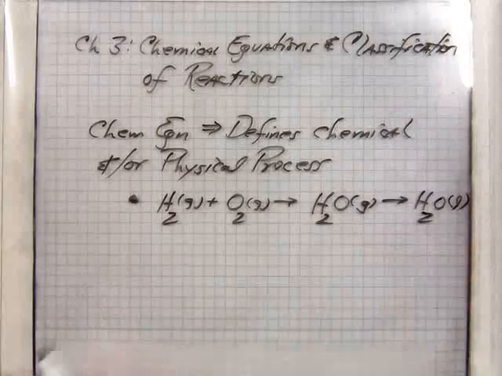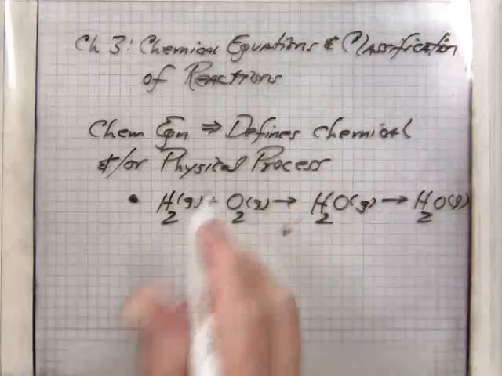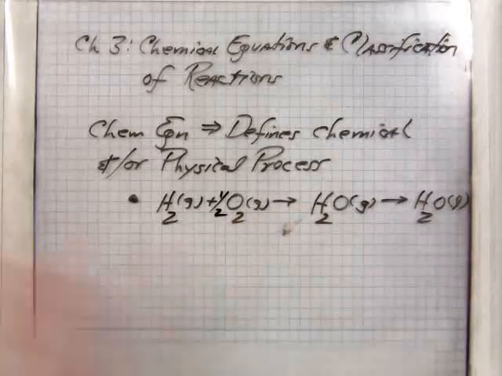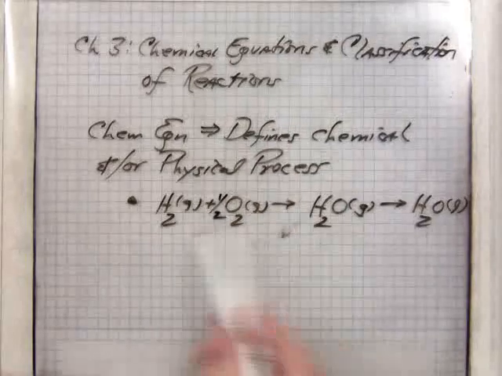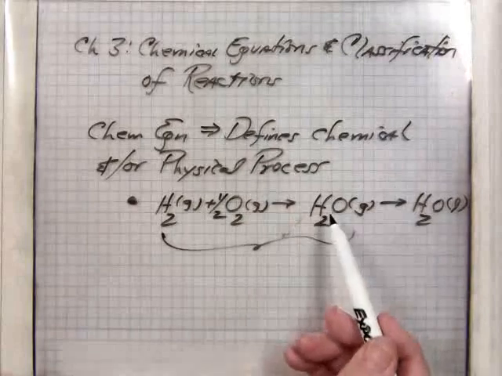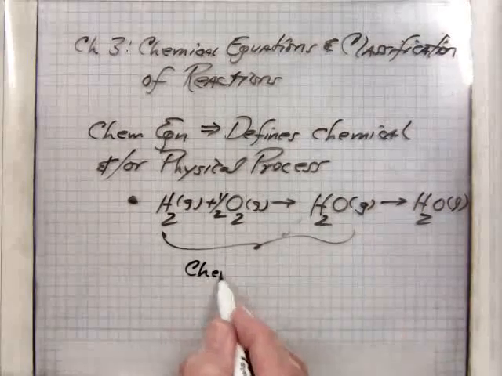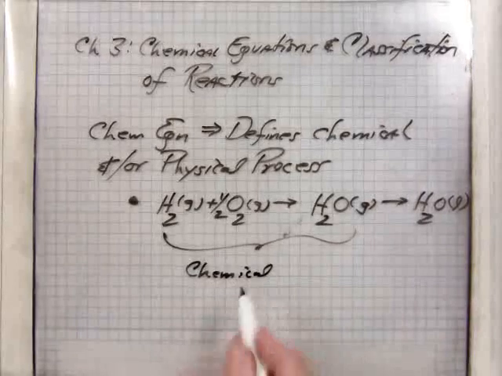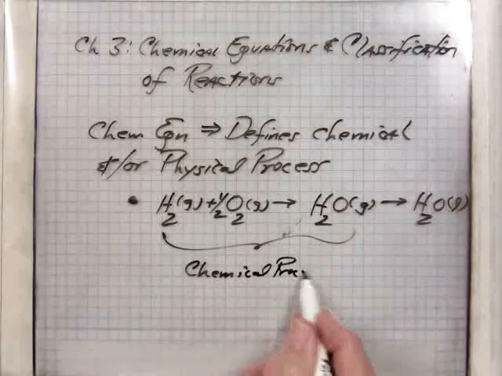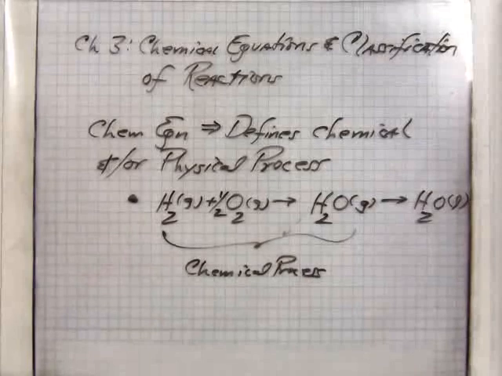Now, the issue here is, oops, I'm going to put it right here. We'll explain that in the future. The listing from the hydrogen, oxygen to the H2O in the gas phase is a chemical process, because the products are totally different than the reactants in physical and chemical properties.